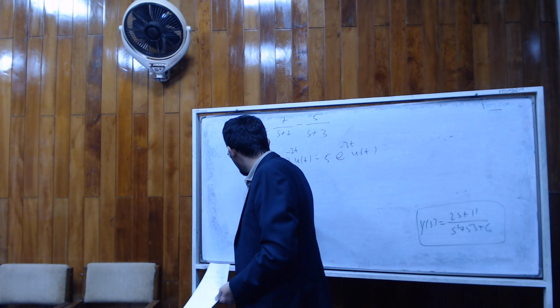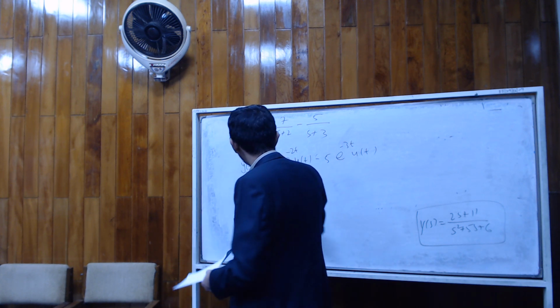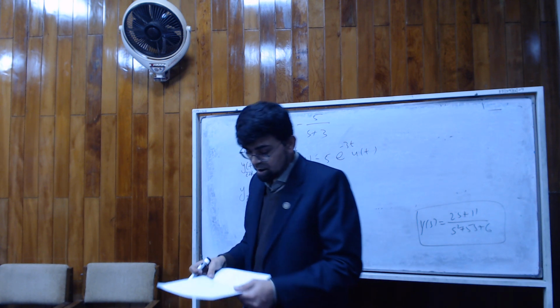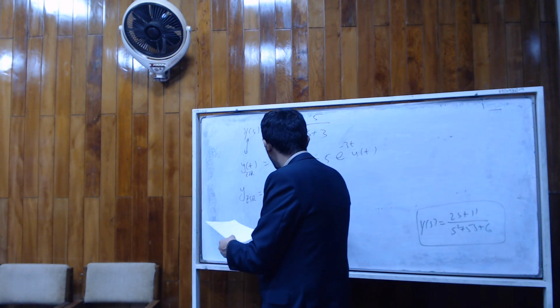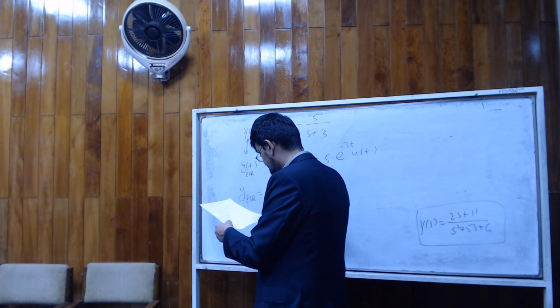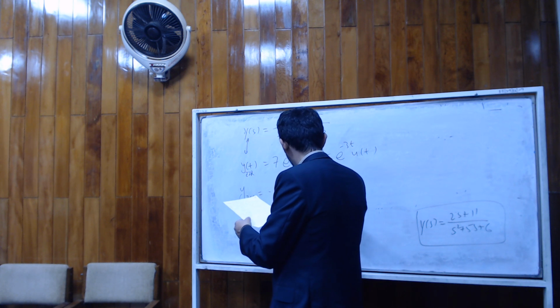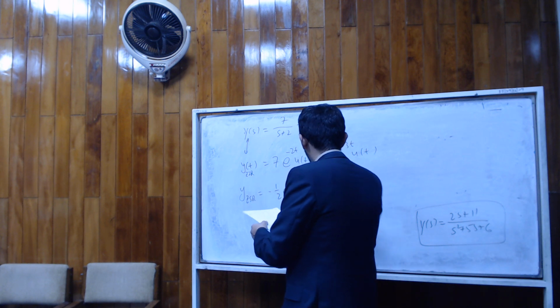So let's name it zero input response, so we don't confuse. What did we find before this? Zero state response, right? What was that? That was minus 1 by 2 e minus 2t plus 2e minus 3t minus 3 by 2 e minus 4t ut. Yeah?